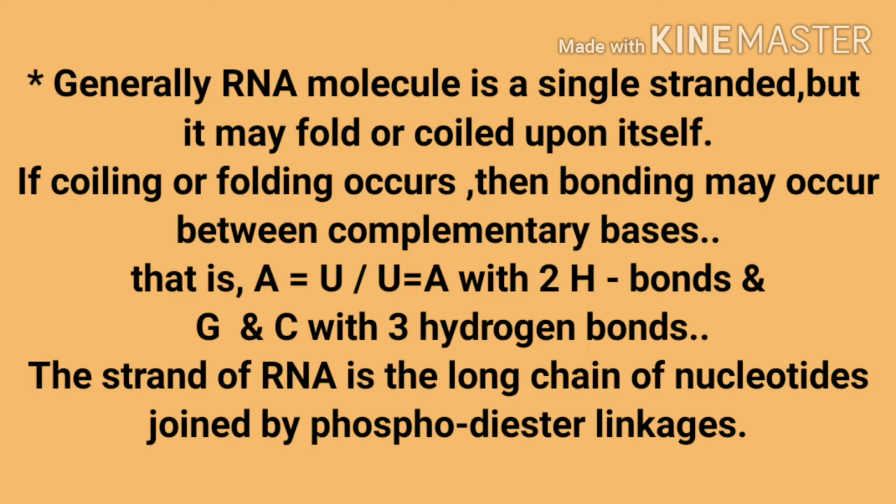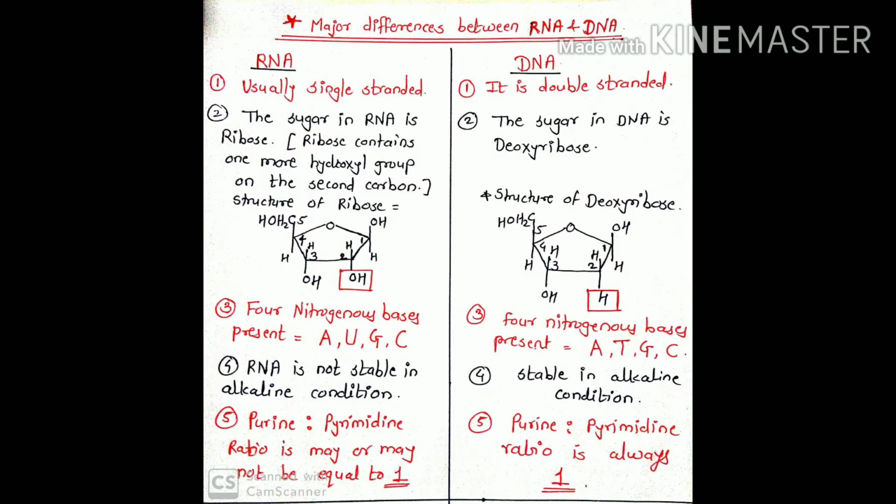That means A pairs with U with 2 hydrogen bonds, and G, that means guanine, pairs with cytosine with 3 hydrogen bonds. As RNA molecules are generally single stranded and base pairing is not fixed, therefore purine to pyrimidine ratio may or may not be 1:1 like DNA. So friends, this is all about the general structure of the RNA.